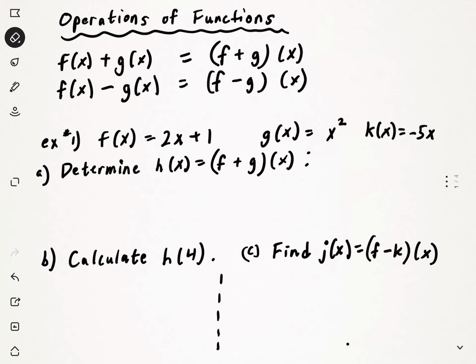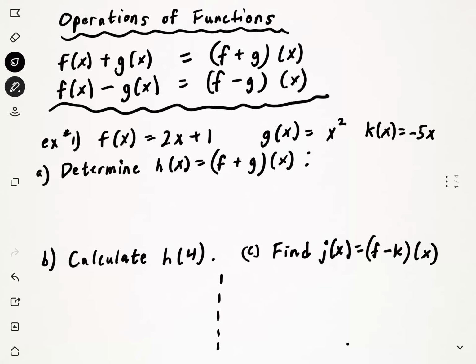So we have some notation that I just want to introduce you to in the very beginning here. Up top, we have two examples of shortened notation if you add or subtract functions together. In this case, the functions are f and g of x. You can see on the right side here how you can simplify those to be a little bit less writing.